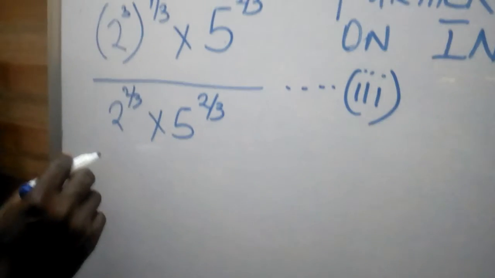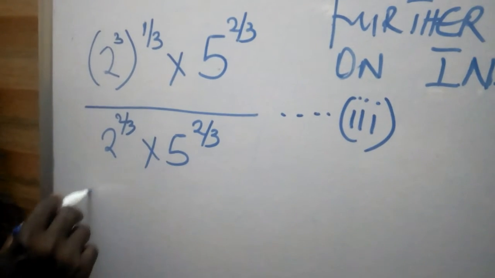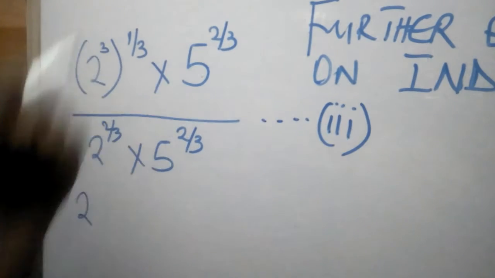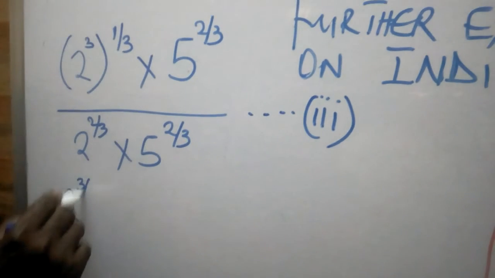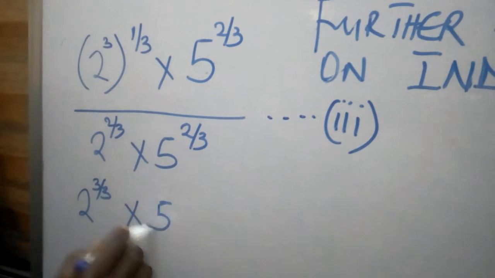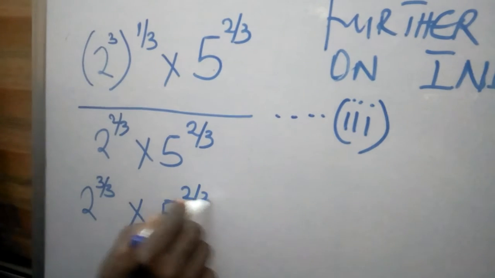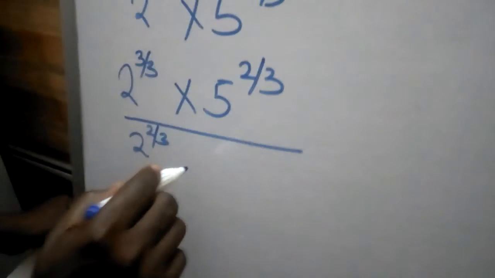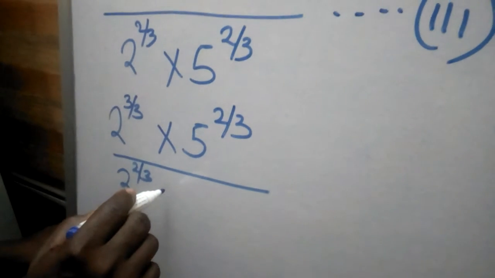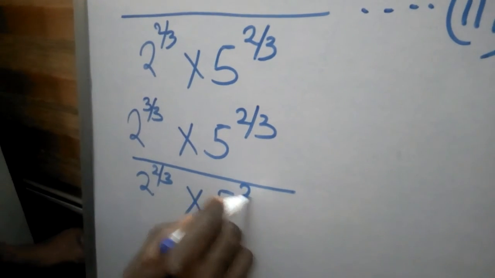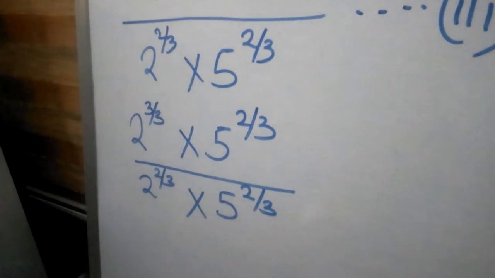We have 2 to the power of 3 over 3 multiplied by 5 to the power of 2 over 3, all over 2 to the power of 2 over 3 multiplied by 5 to the power of 2 over 3.